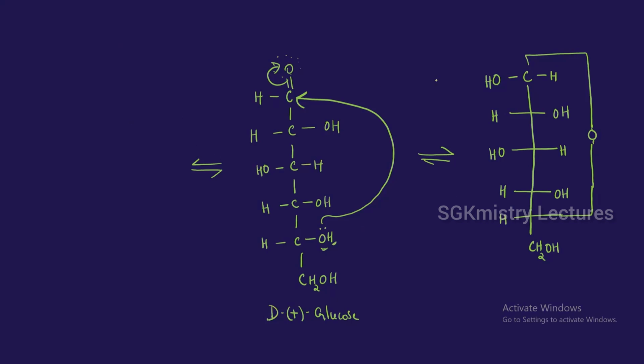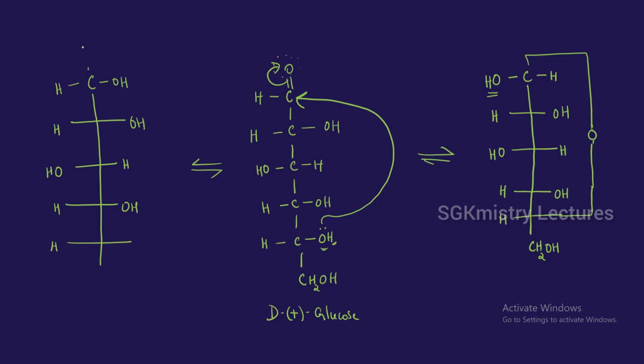Then there is one more possibility. As I already told, OH can be on the right or on the left. Now, suppose OH is here and H is here, the other configurations remain the same: OH, H, H, OH, OH and H. Again I'm just going to draw the cyclic structure.